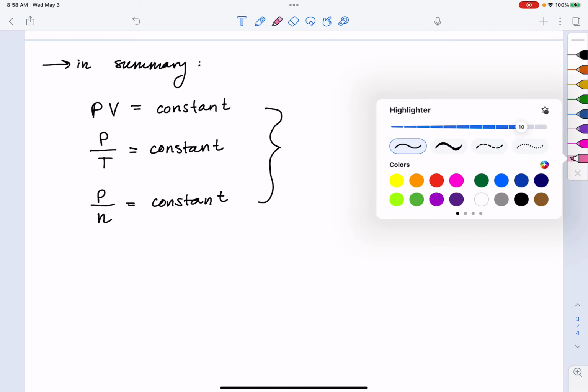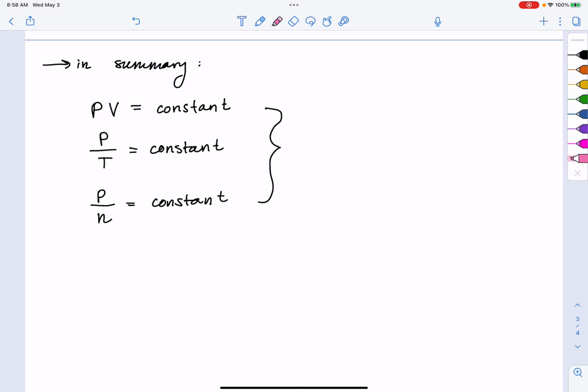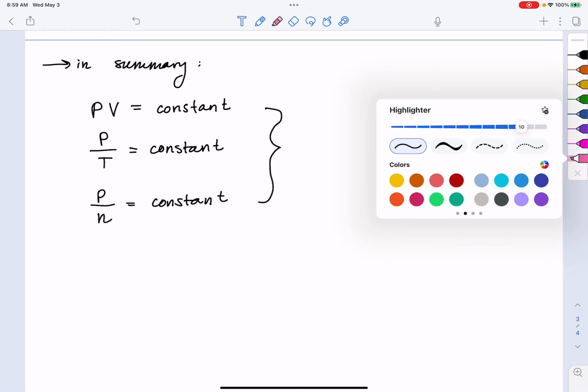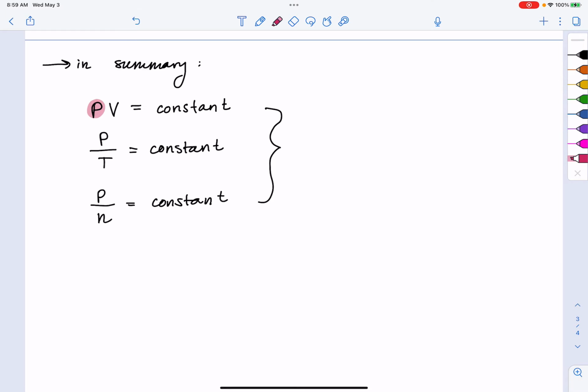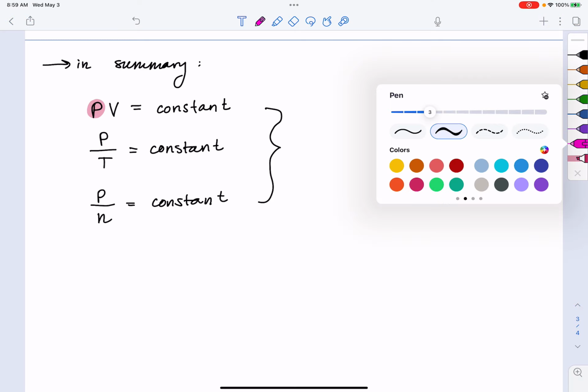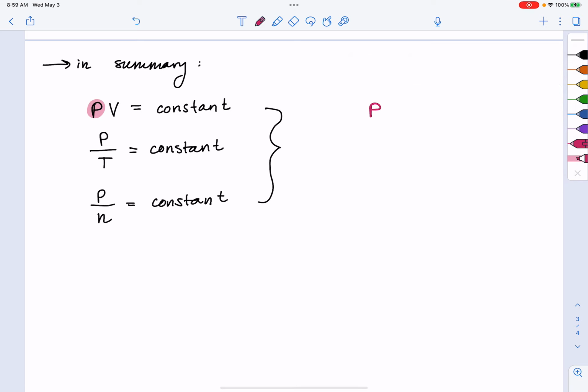So let's start with pressure. So I'm going to write pressure, and I know that it's going to be related directly to some stuff, so there's going to have to be a fraction here.